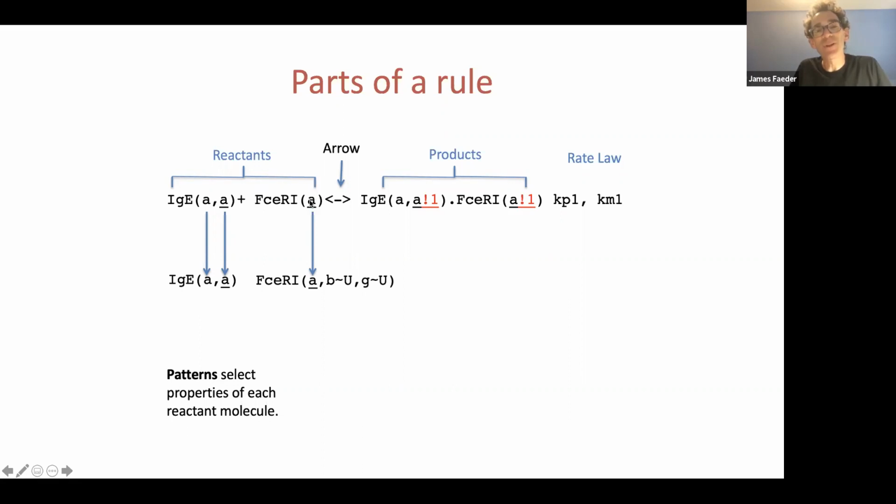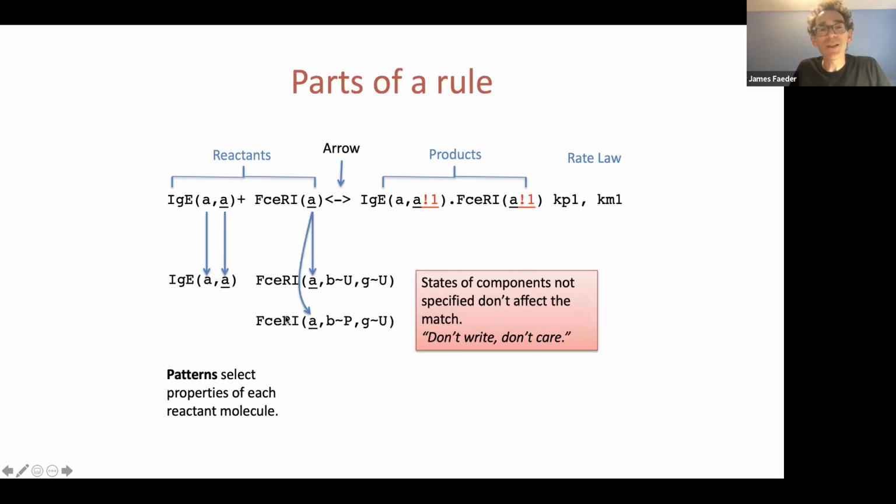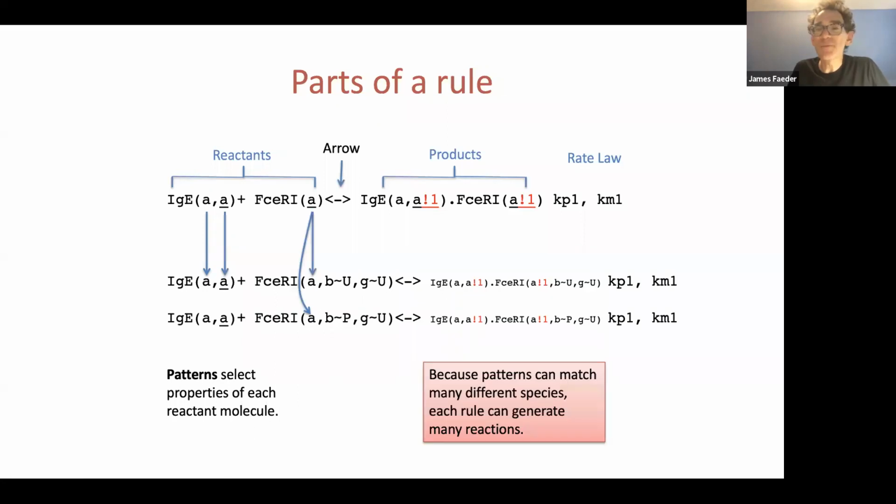It has to have a free A state, and the pattern matches the receptor with its free A state, and it doesn't care about the states of beta and gamma. So we can have receptors that are phosphorylated or not. The binding is going to apply equally to receptors that have been phosphorylated or not. That can have some interesting subtle effects in some of these systems.